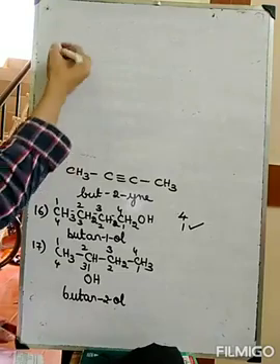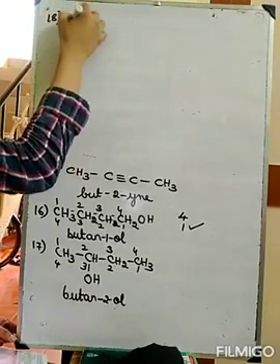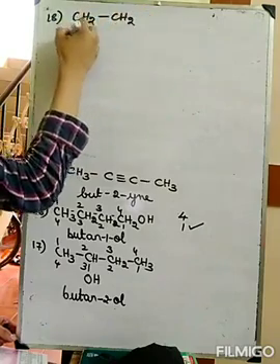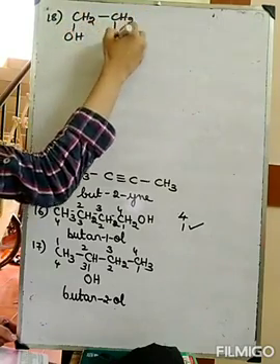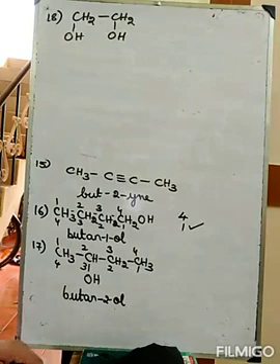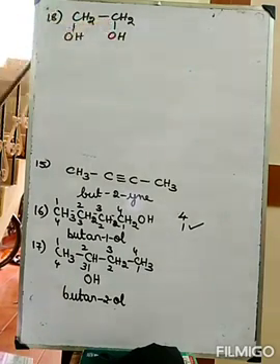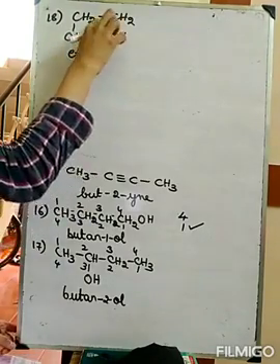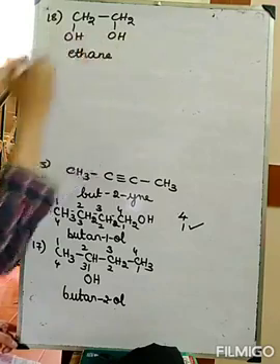Okay, next, the 18th one. CH2OH-CH2OH. What is the name of this compound? So how many carbons are there? 2 carbons. 2 carbons means it is eth. Single bond means ane.